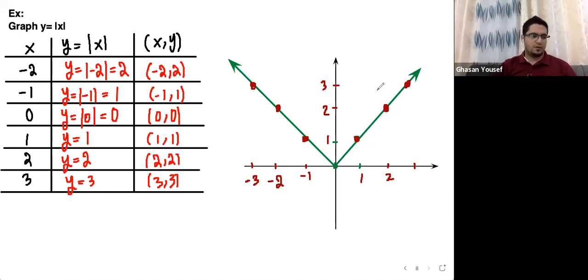Now, we're going over the intercept. I'm going to give you the definition for the intercept, then we're going to finish this for today. So the intercept, we have two different kinds of intercept. We have the X-intercept and the Y-intercept.